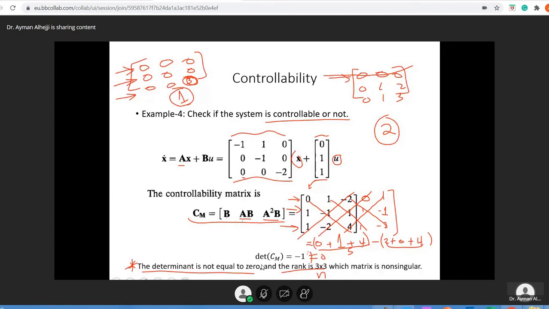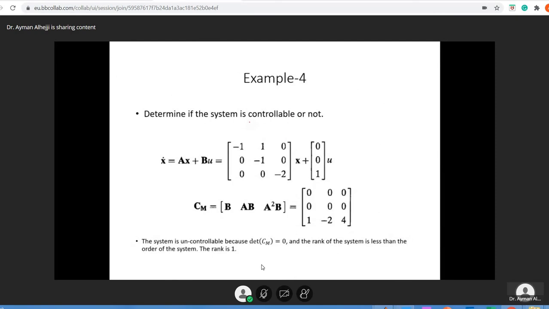Now this is another example to determine the controllability. Determine if the system is controllable or not. Third order system, yes, it's more complicated, I know. We have here the A matrix and the B matrix, and we fill the controllability matrix in order.